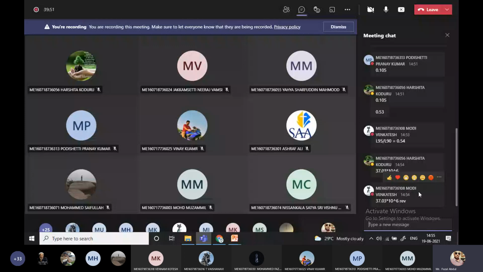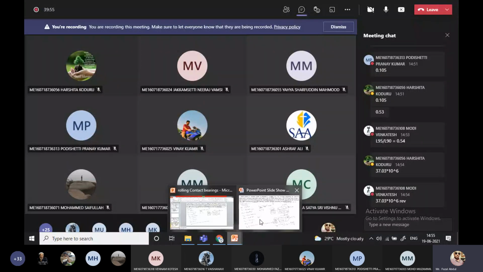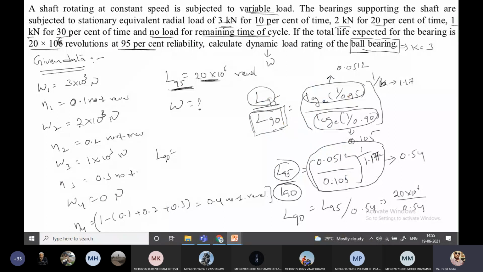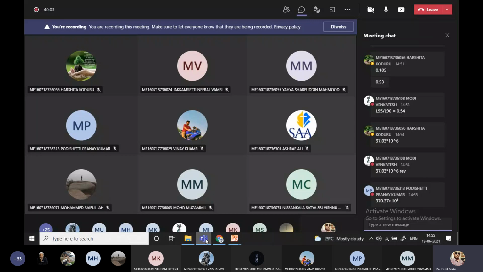37.03 into 10 to the power of 6. Very good. Don't write in 10 to the power of 5.